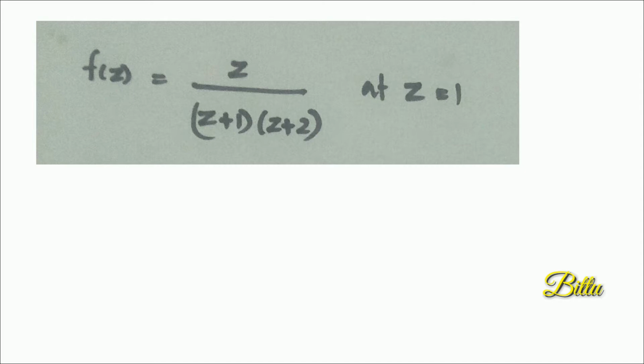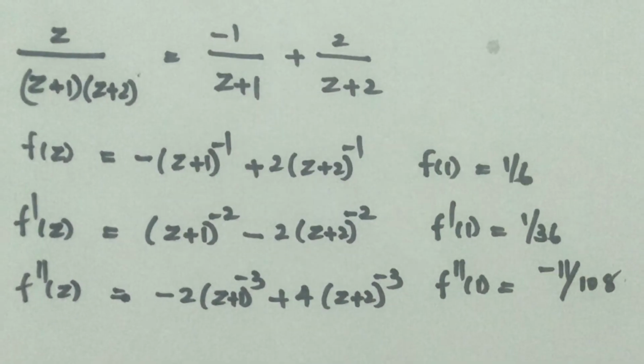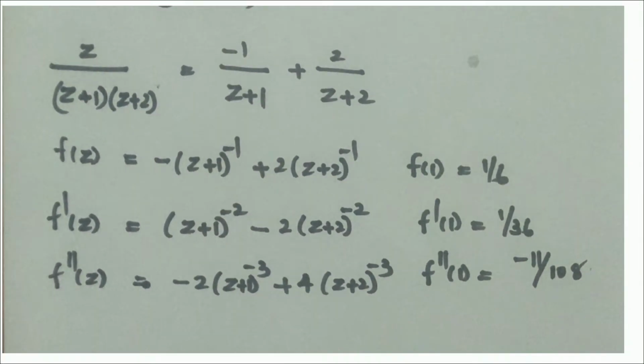Otherwise, it is too difficult to find its successive derivatives since it is a quotient. So first, f(z) in the form of its partial fractions, that is a by (z plus 1) plus b by (z plus 2). You find a and b, you can see a is minus 1 and b is 2. So f(z) is minus 1 by (z plus 1) plus 2 by (z plus 2).